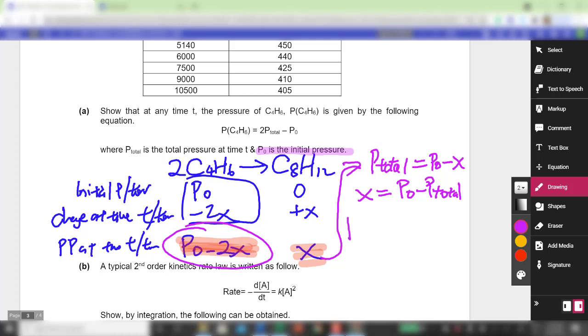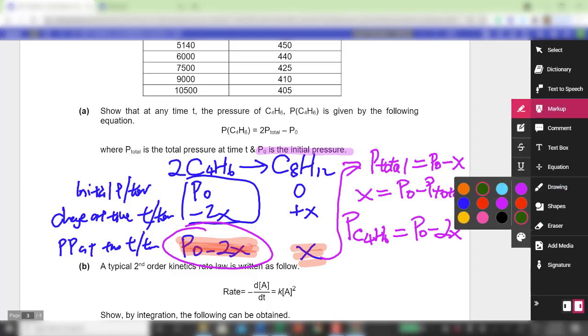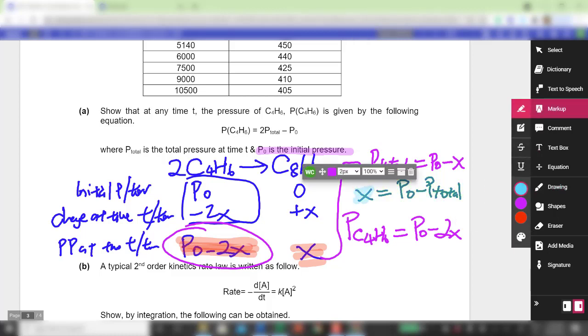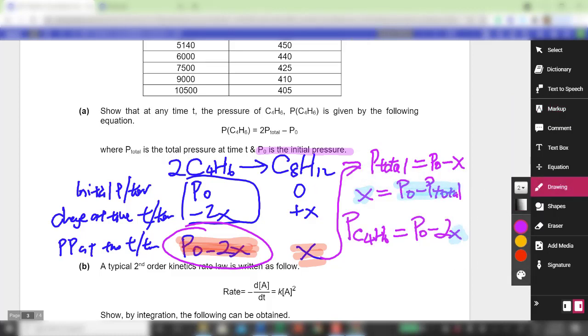Therefore, the partial pressure of C4H6 is P naught minus 2x. Then I need to substitute x equals P naught minus P total into here. I think that becomes very clear now.